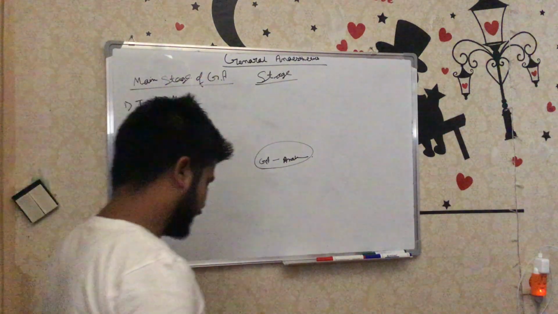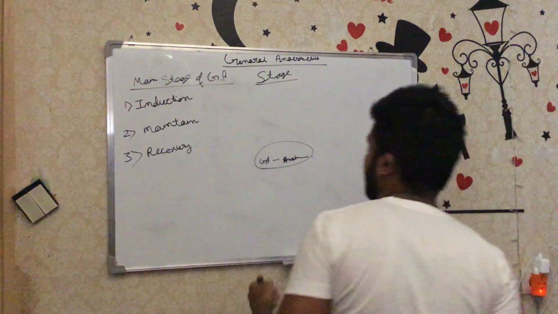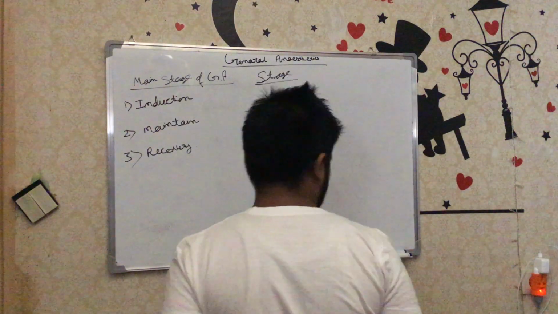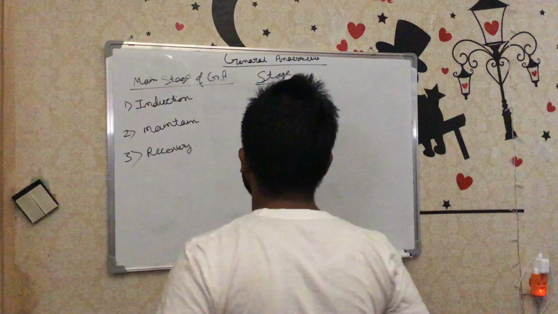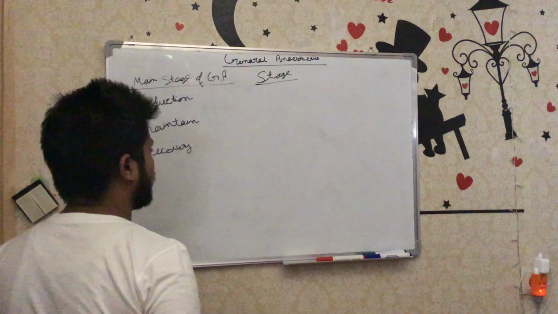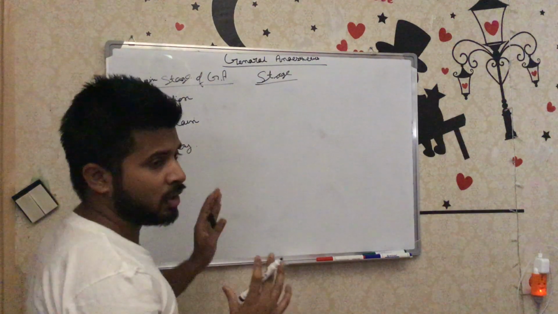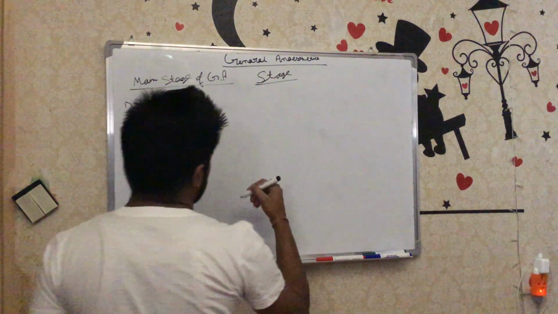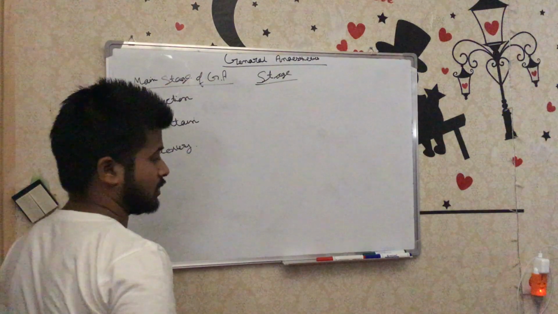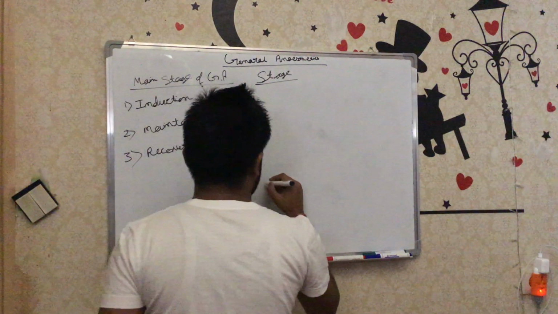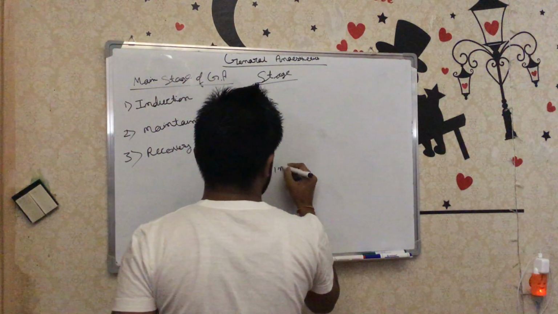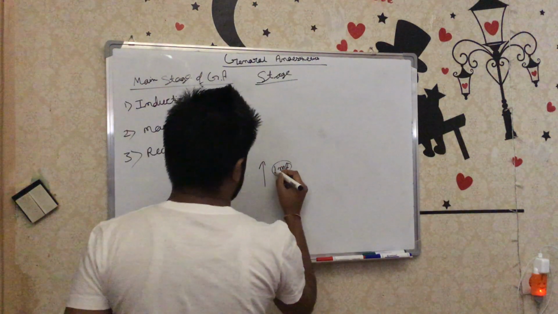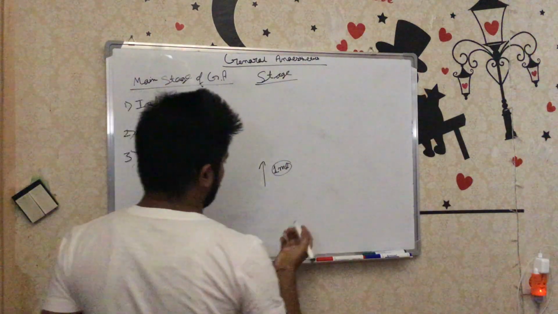Second is maintenance. As you can understand by the name, it maintains the anesthetic property in the body. For example, any patient needs surgery, and the surgeon needs 2 hours. So the anesthesiologist applies the general anesthesia. For example, they inject 1 ml, just for understanding purposes, and the patient becomes anesthetized.